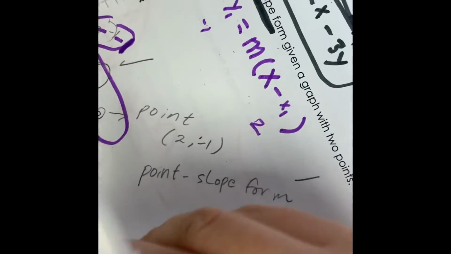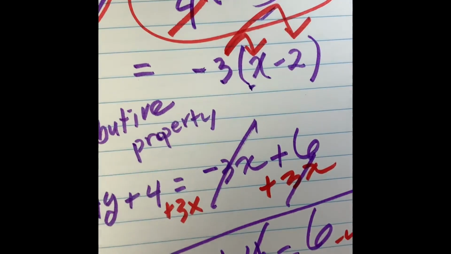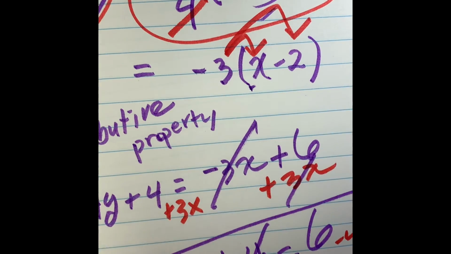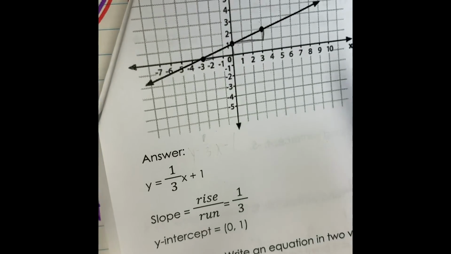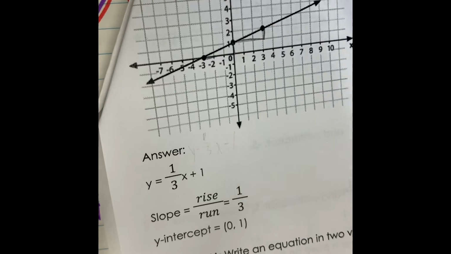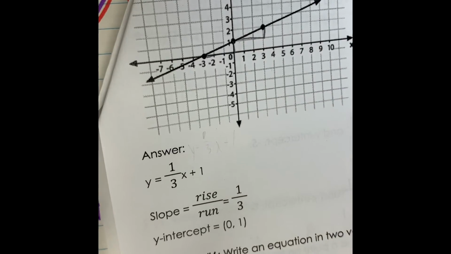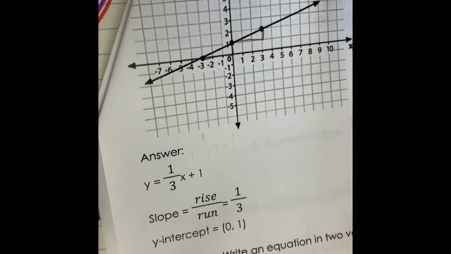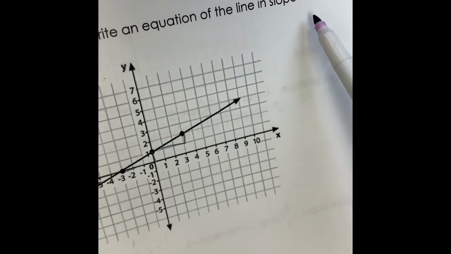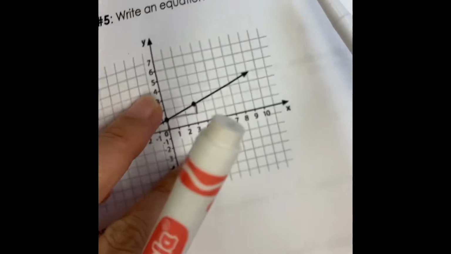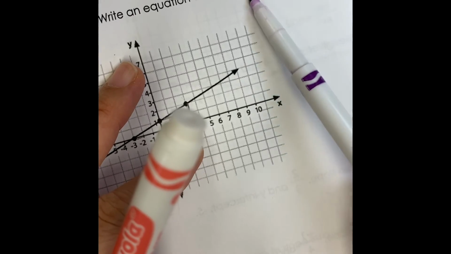Okay. And then the next one is question number 5. I hope you can do this. Write an equation in slope intercept form. Can you give me the form of slope intercept?